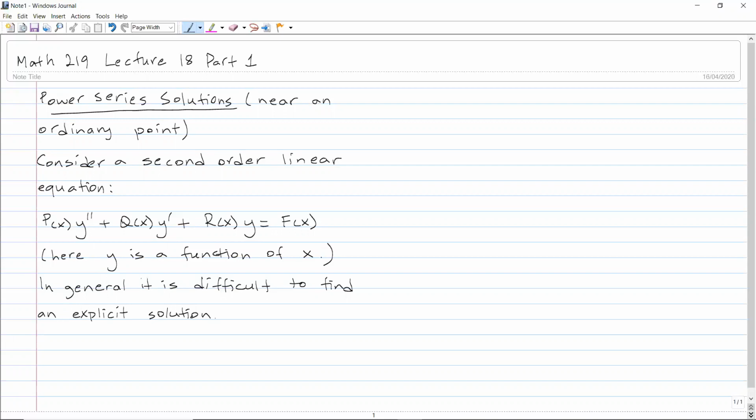Then, using some initial conditions, we want to estimate how this function behaves for other values of x.